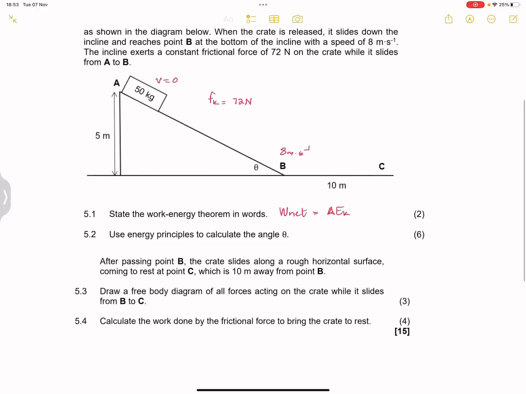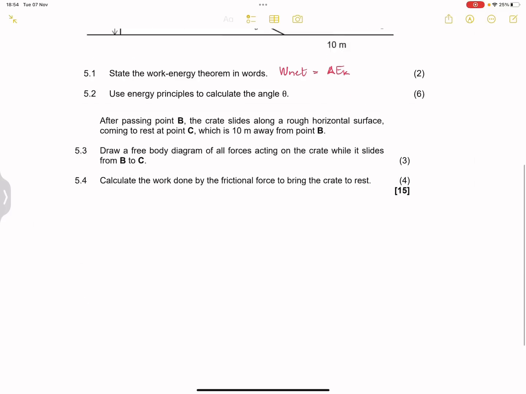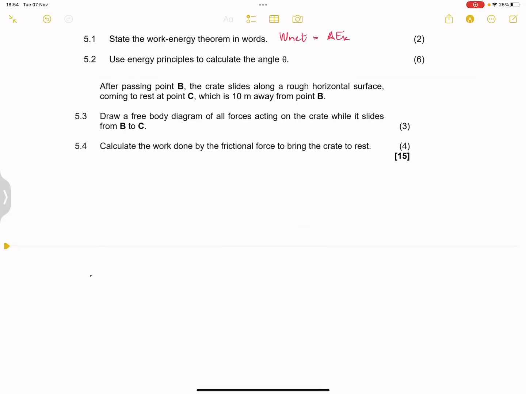So what I can do first is that I've got the change in velocity, so I can find the change in kinetic energy, but I also have the vertical height. So that enables me to calculate the work done by frictional force, so let's say the work done by non-conservative force.